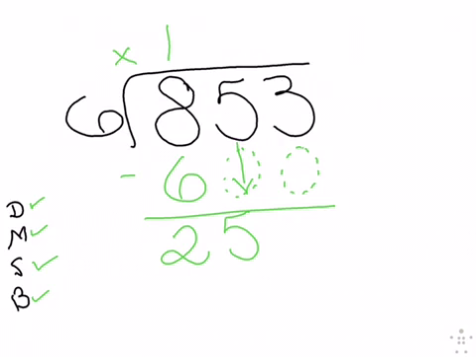Well, hopefully you came up with 4. We did our division. 4 times 6 is 24. That's darn close to 25. We multiplied. Next step, subtract. 1. Done. Last step, bring down.